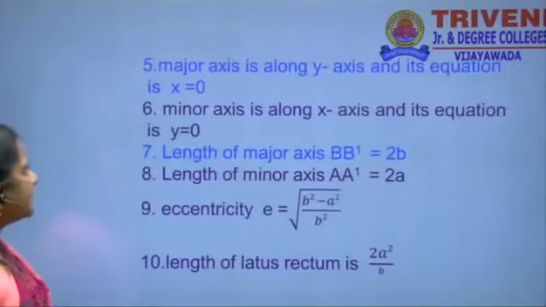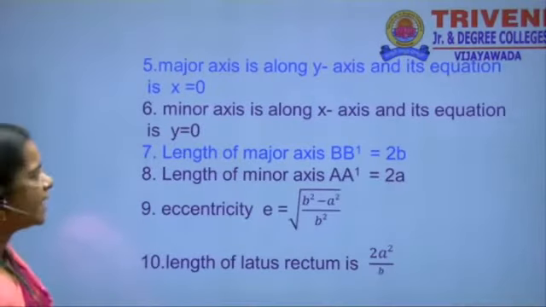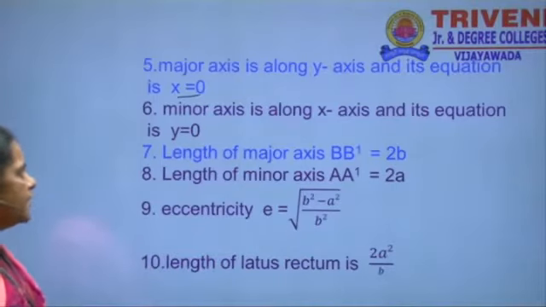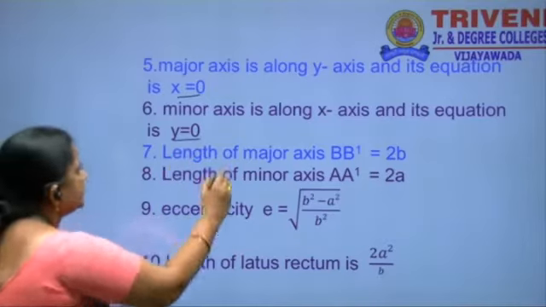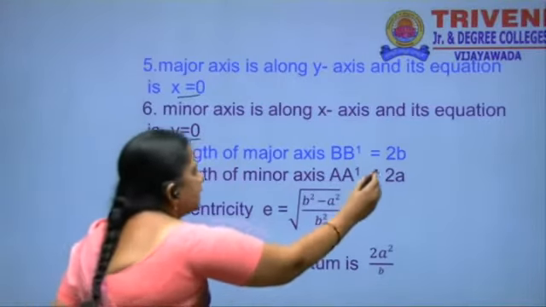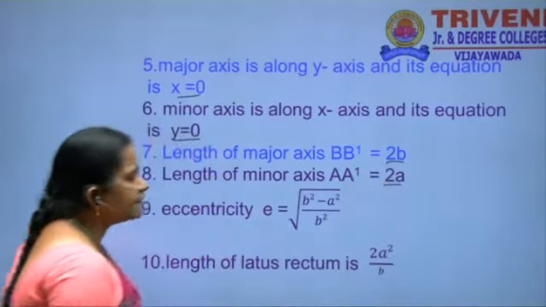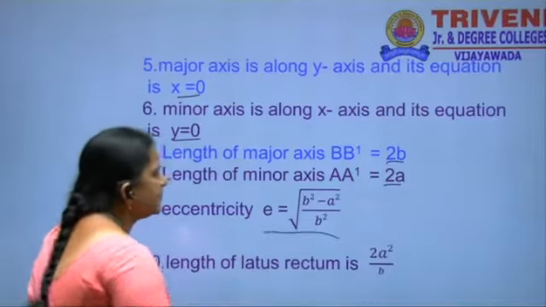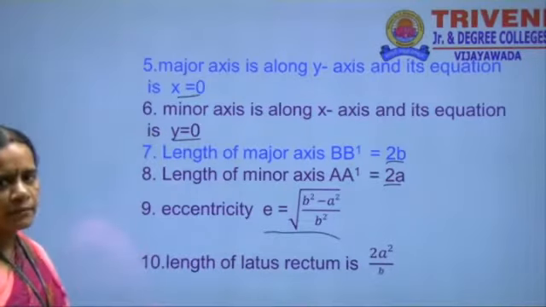Similarly, major axis along y axis and equation is x is equal to 0. Minor axis along x axis, the equation y is equal to 0. But here the major axis is 2b and minor axis is 2a, and eccentricity also varies here: b square minus a square by b square.